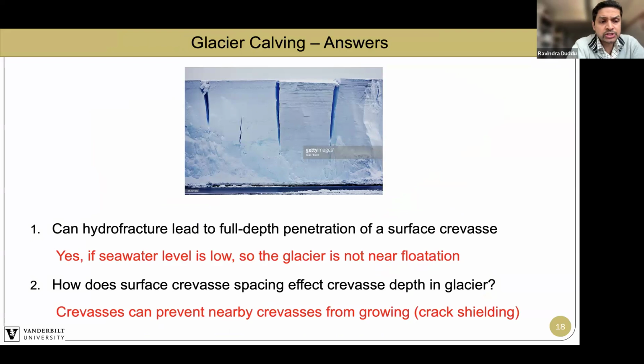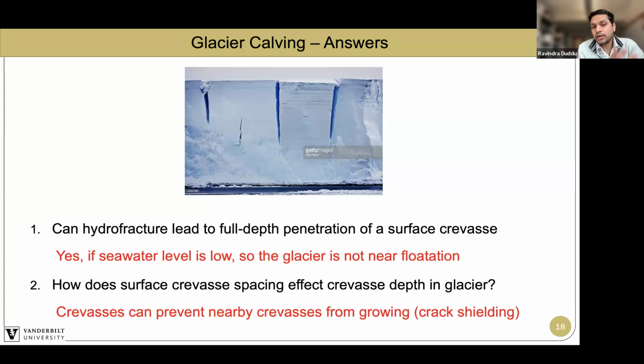So how did we do on the questions? Yes, if the seawater level is low and the crevasses are filled with water, you can get hydrofracture full depth. But if you have a near flotation glacier, there is enough compression to prevent hydrofractures from fully forming under certain stress states.